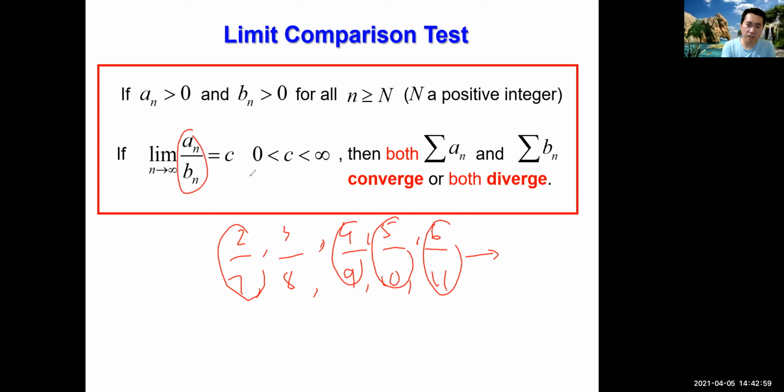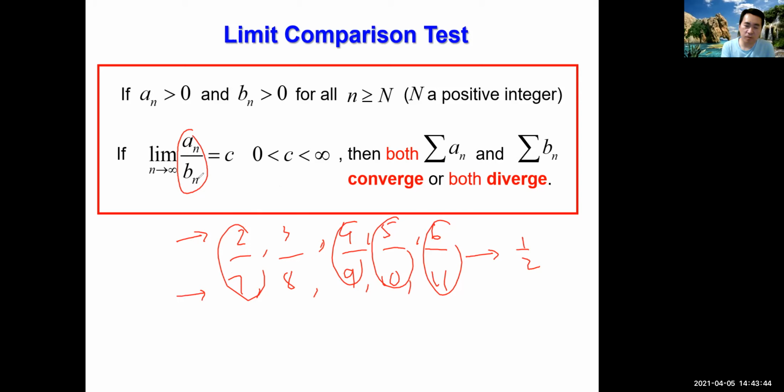If this ratio approaches a constant c, any constant, it doesn't matter. Let's say it's smaller than 1, so let's say it approaches 1/2. What does it mean? That means all the terms in the series a sub n are about half of the terms in the b sub n series.